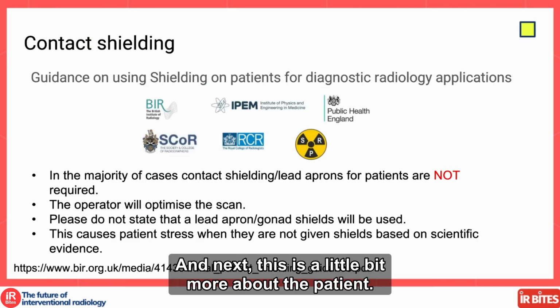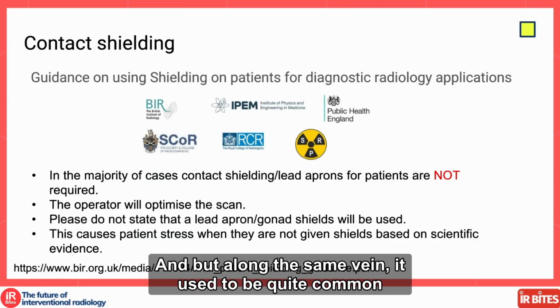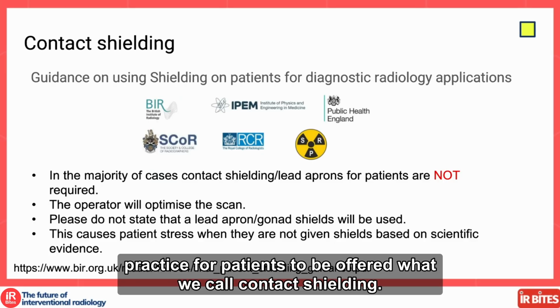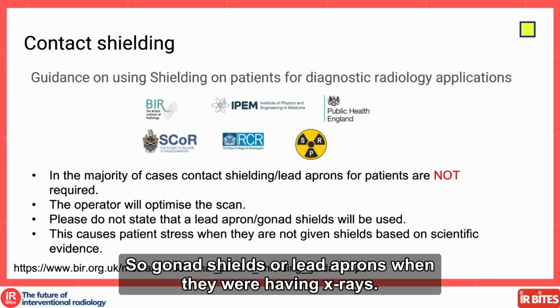And next, this is a little bit more about the patient, but along the same vein, it used to be quite common practice for patients to be offered what we call contact shielding, so gonad shields or lead aprons when they were having x-rays.